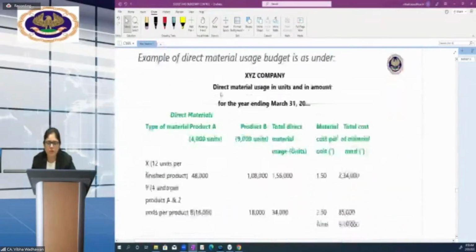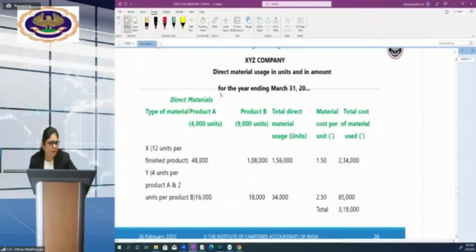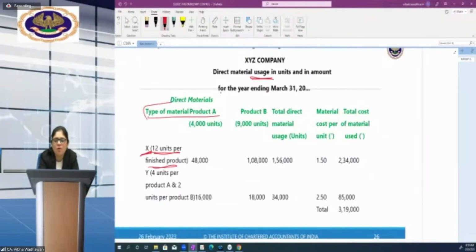So this will look something like this. Okay, have you understood? Very good. This is the usage budget. Once I know that this much production is to be made, now this much raw material has to be consumed. So 12 units per finished product of raw material X is required. The direct type of material, this is raw material.